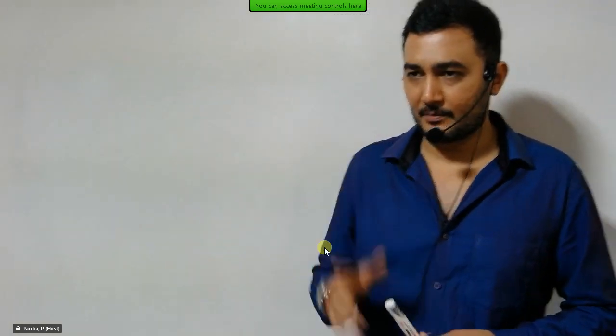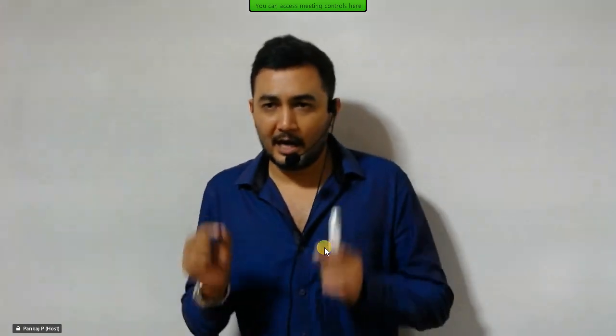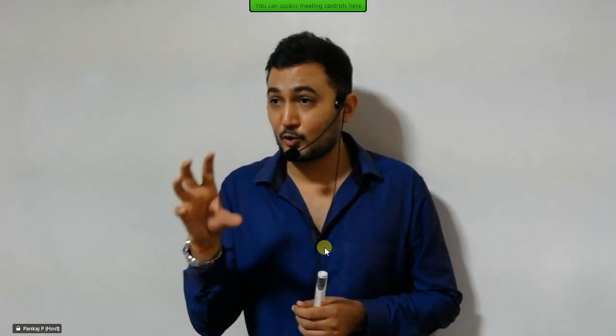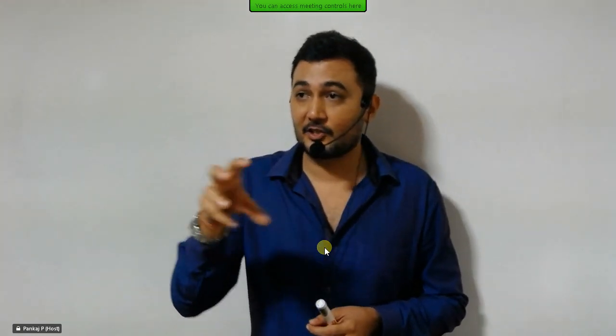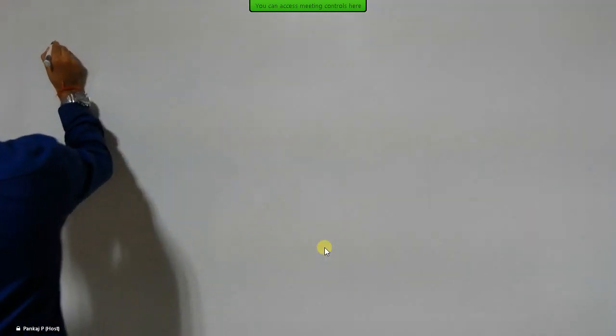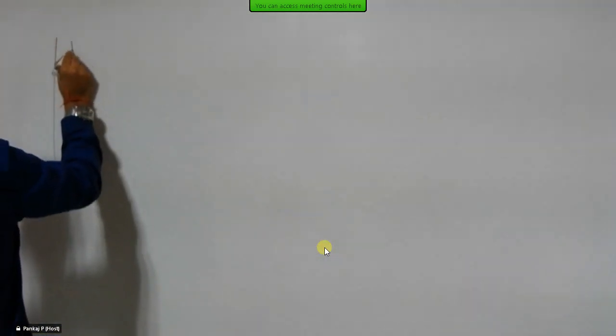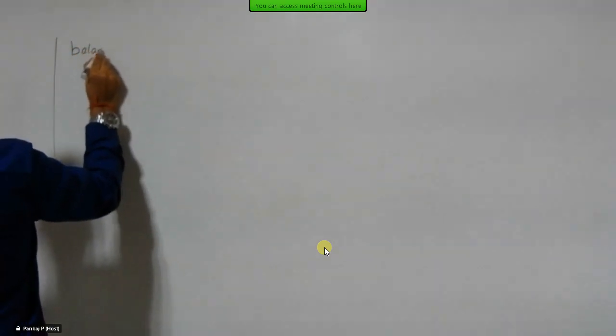Let's take a quick example. I'm going to give you one application and you're supposed to do integration testing on it. Let's assume I've got a banking app in which the very first feature is the balance feature.